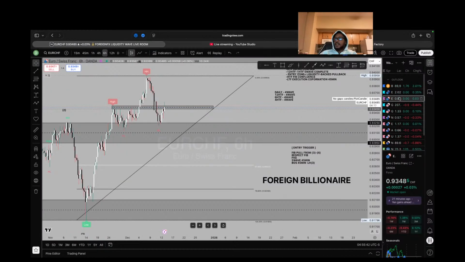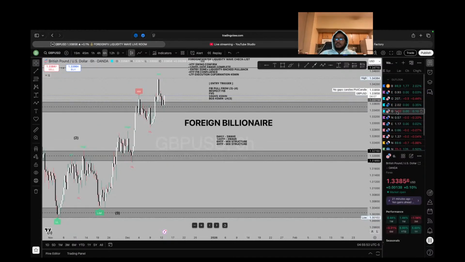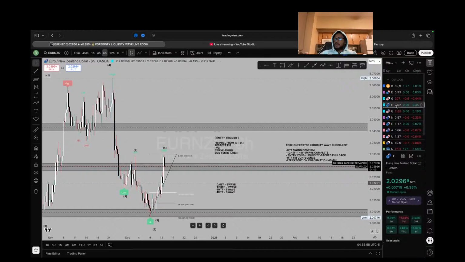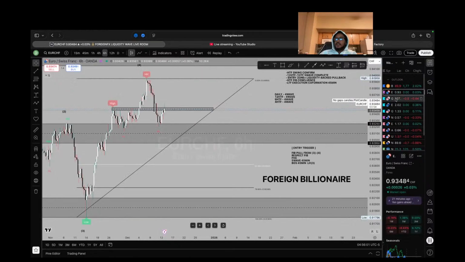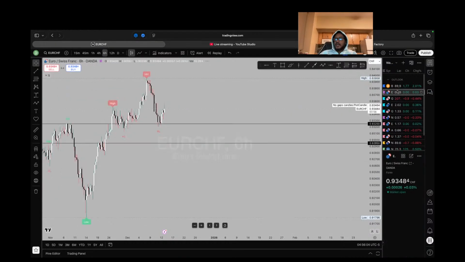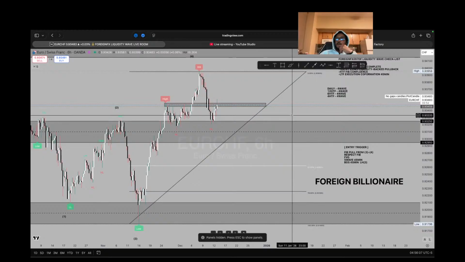This is alright as well. GJ, this is alright. So this go up, this go up. This, nope. I don't see no solid structure, which is a higher low. So we're gonna look at GJ and Euro CHF for right now.